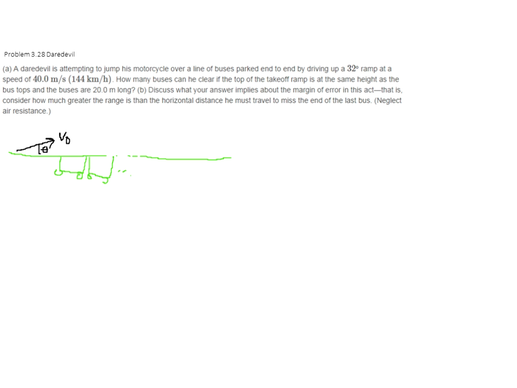It's probably some of the worst bus drawings I've ever seen. And then it lands over here. So V0 is 40 meters per second, theta equals 32 degrees.